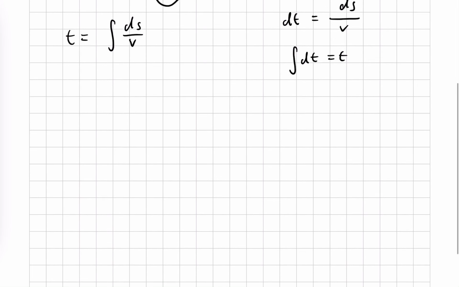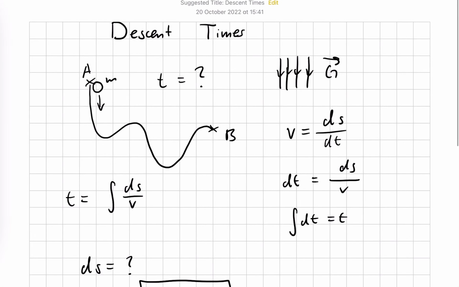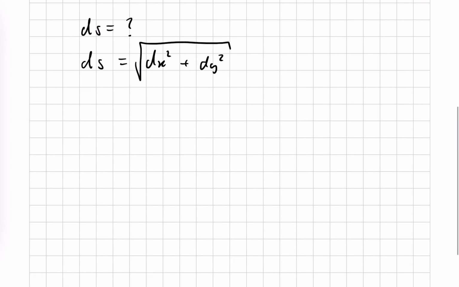So now, what is ds? Thanks to our good friend Pythagoras, we know that ds equals the root of dx squared plus dy squared. In this problem, you could imagine that there's a coordinate system x, y, and this problem is placed in this Cartesian coordinate system.